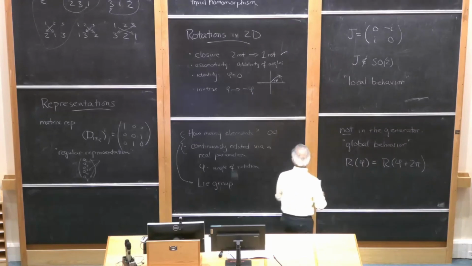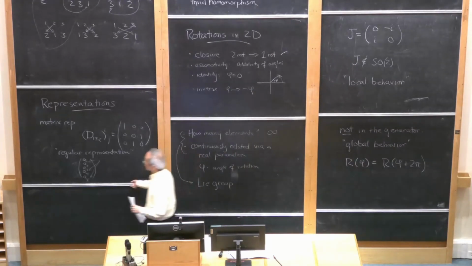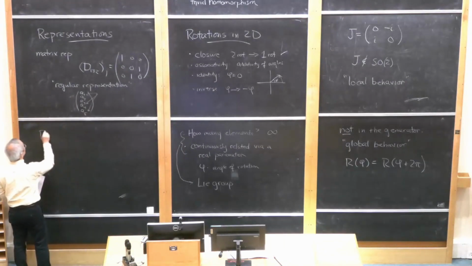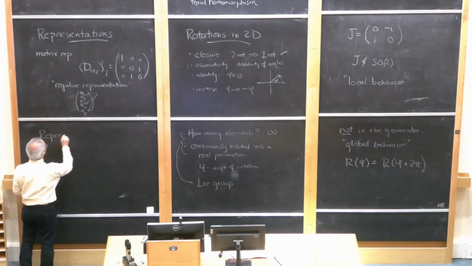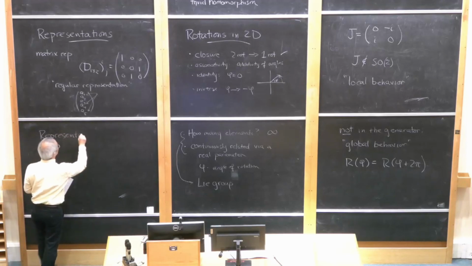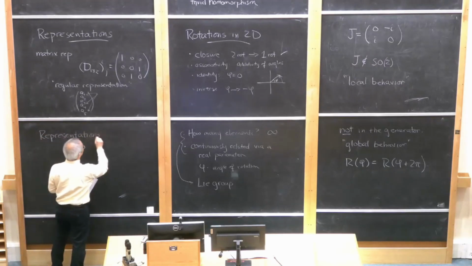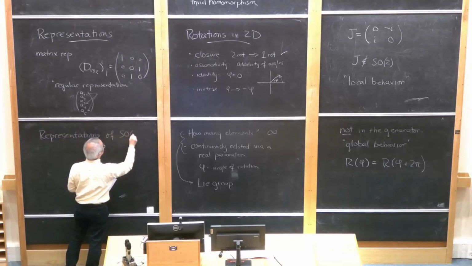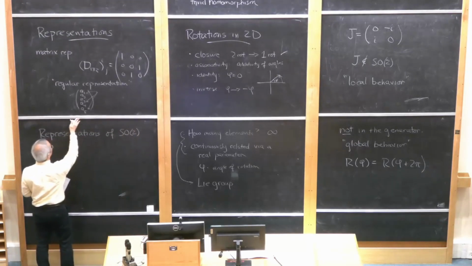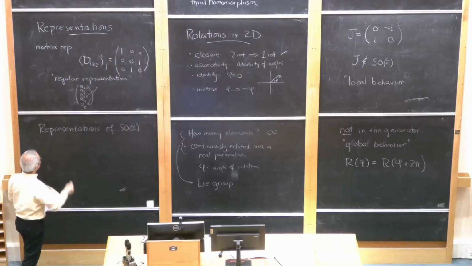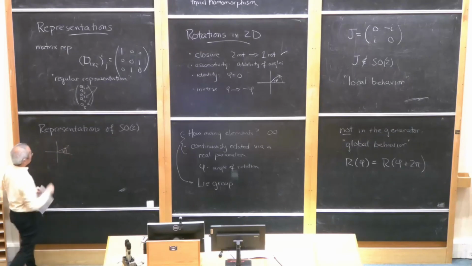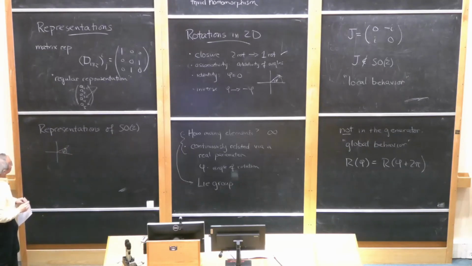Now keeping that in mind, we can talk about representations. Now, I'm going to pull a little sleight of hand here. We were going to talk about the representations of SO(2), but remember that SO(2) is just rotation around an axis.